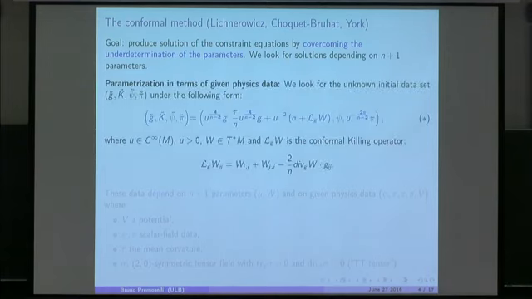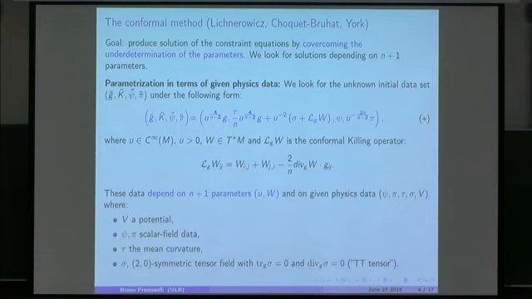So, what will be the class of solutions we will look for? It has this form here, and the idea is that among all the unknowns you have, you arbitrarily choose a subset of them, to which you give fixed values. You consider these unknowns from now on as given physics data, okay? And then you solve for the remaining unknowns of the problem.